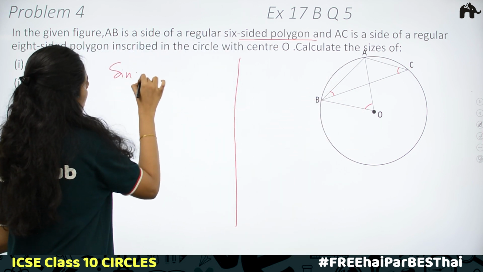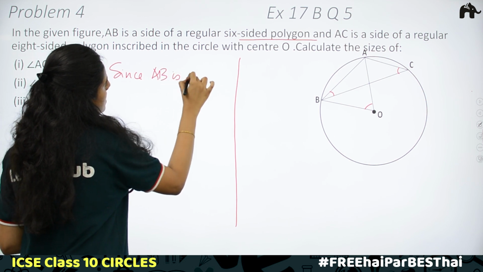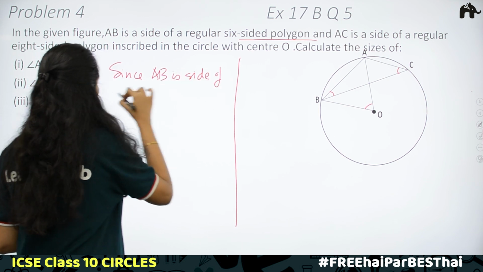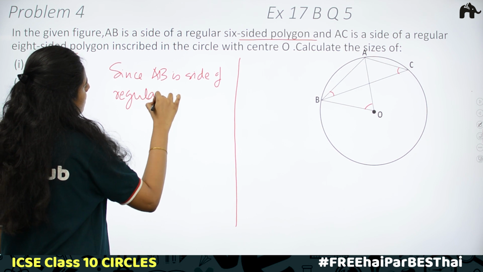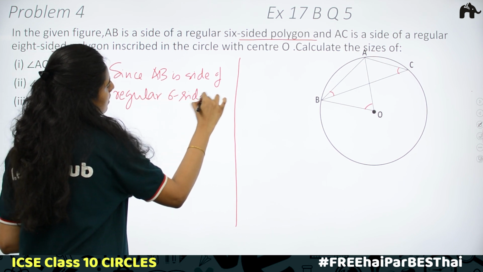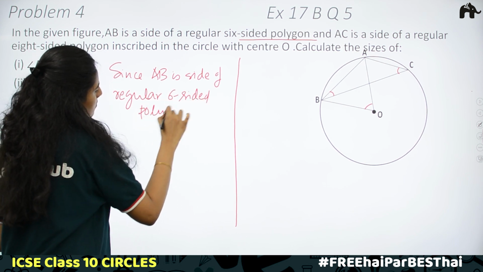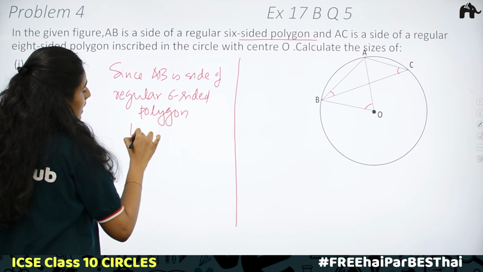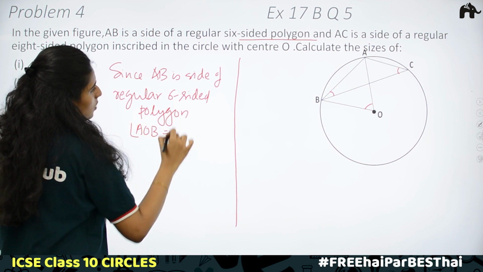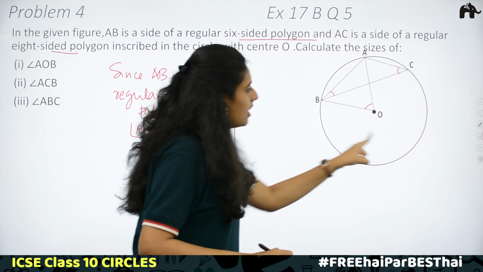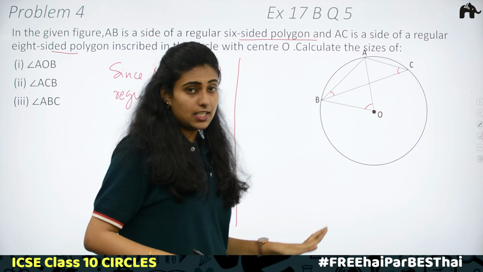Since AB is the side of a regular 6-sided polygon, angle AOB will be equal to, here the total angle will be 360 degrees.